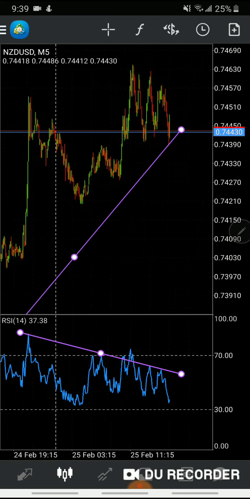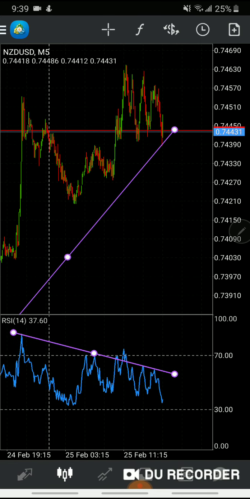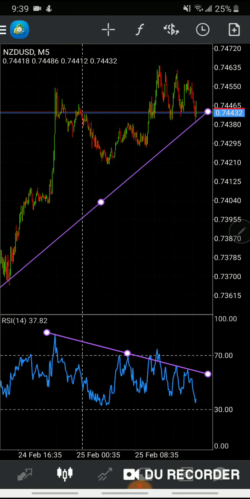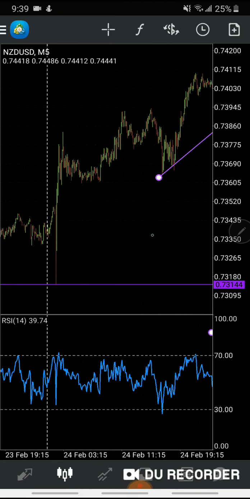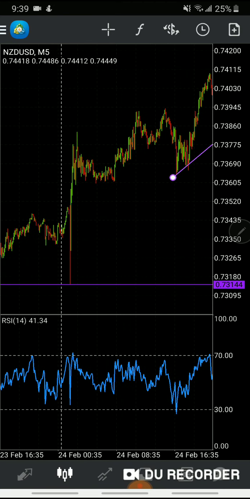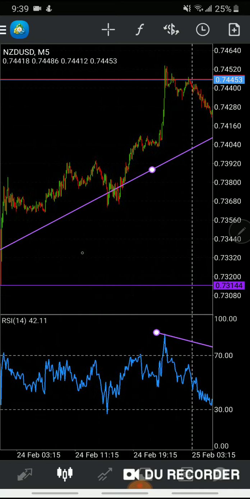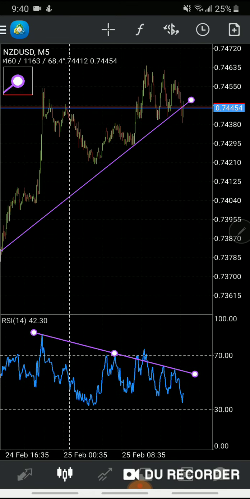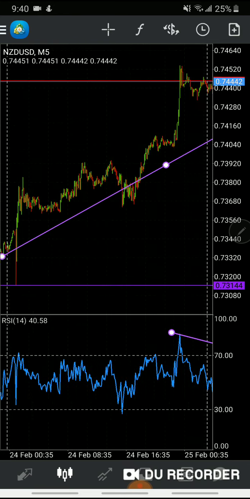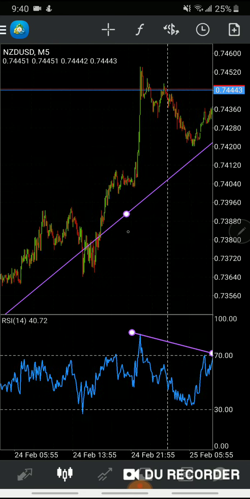So could I use divergence in my trading strategy? Could I apply divergence to my trading strategy?